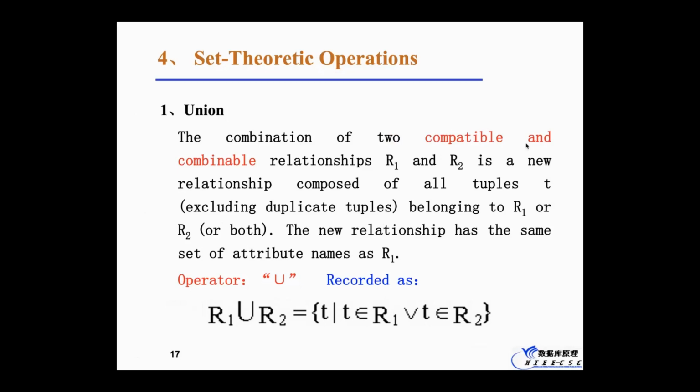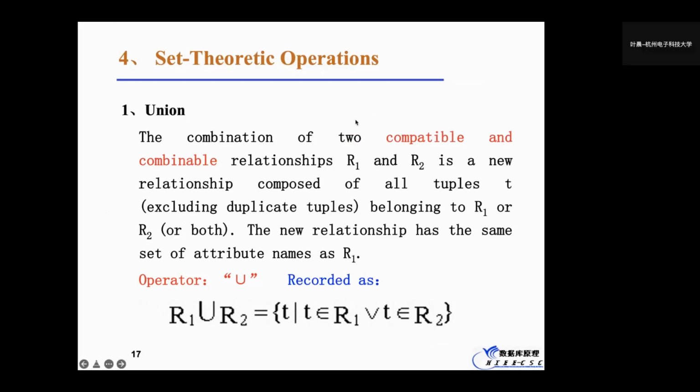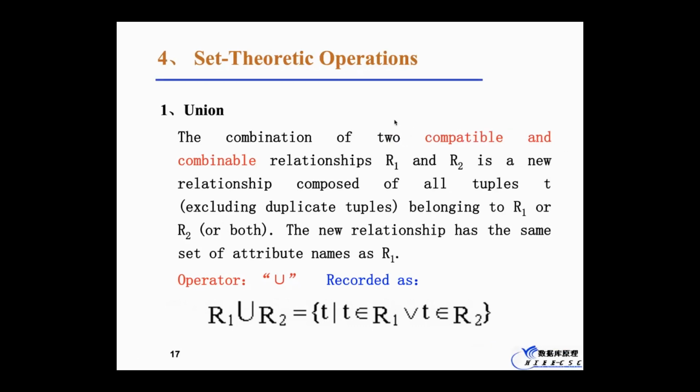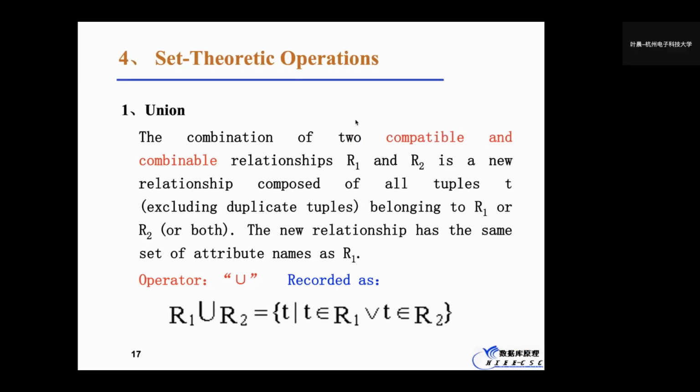First, let's discuss the operator union. So its definition is the union of two compatible relationships R1 and R2 is a new relationship composed of all tuples t belonging to R1 or R2 or both, excluding the duplicate tuples. So the new relationship has the same set of attribute names as R1.